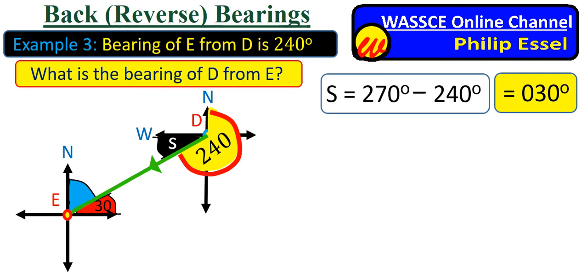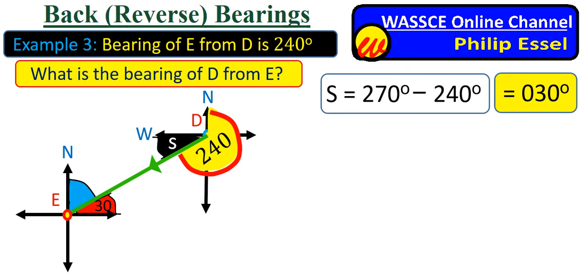So at this point, it will be very easy for us to find the value of the angle marked blue. How do we do this? The clue is this. Remember, from the north pole to the east pole, the angle between them is 90 degrees.